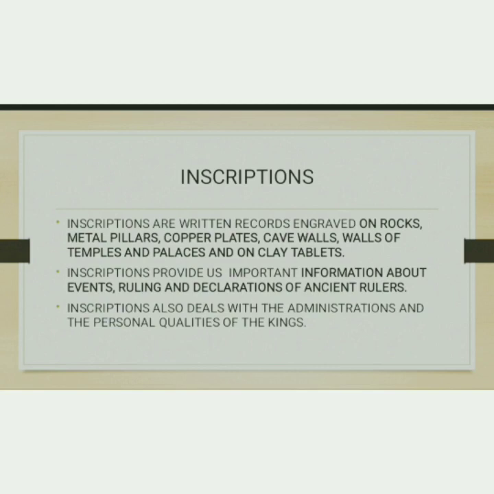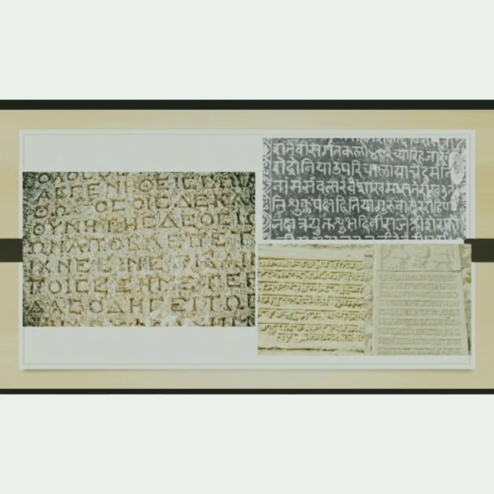Inscriptions also deal with the administration and personal qualities of the king. They also provide us with important dates of coronation, specimen of art, and relation with neighboring and distant rulers. So these are all about the archaeological sources.